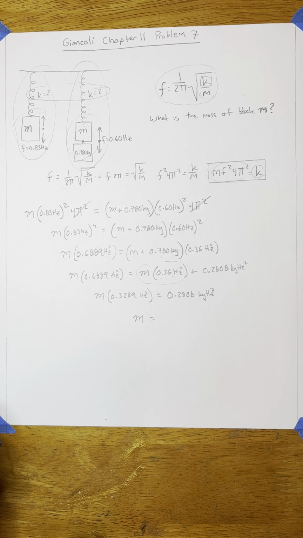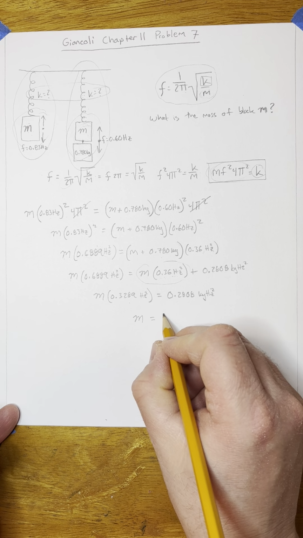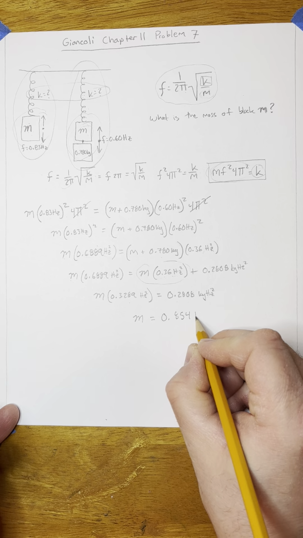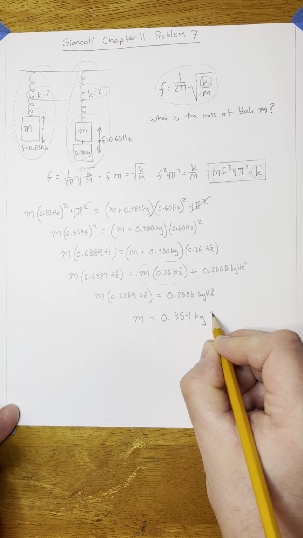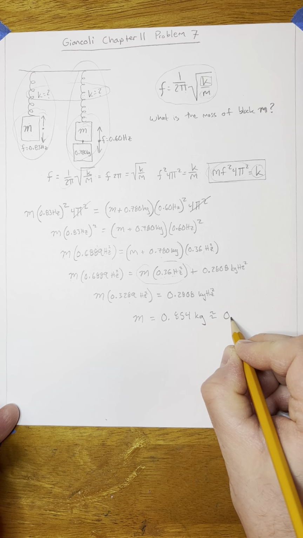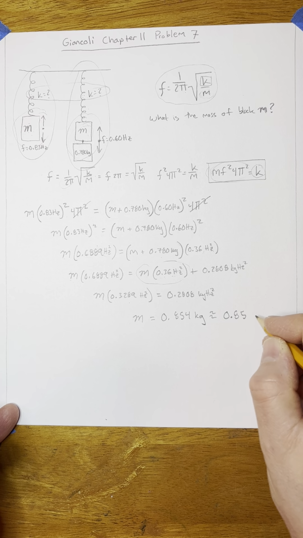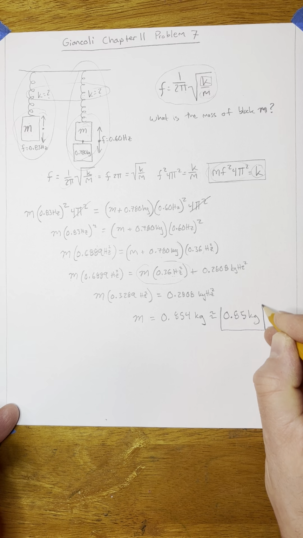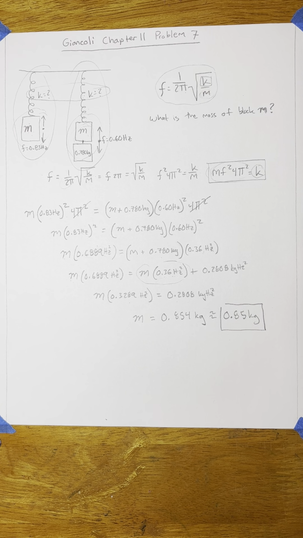And so I'll have 0.2808 divided by 0.3289, and that will give me a mass of 0.854 kilograms, which we will round to 0.85 kilograms for our final answer for what the mysterious mass m is.